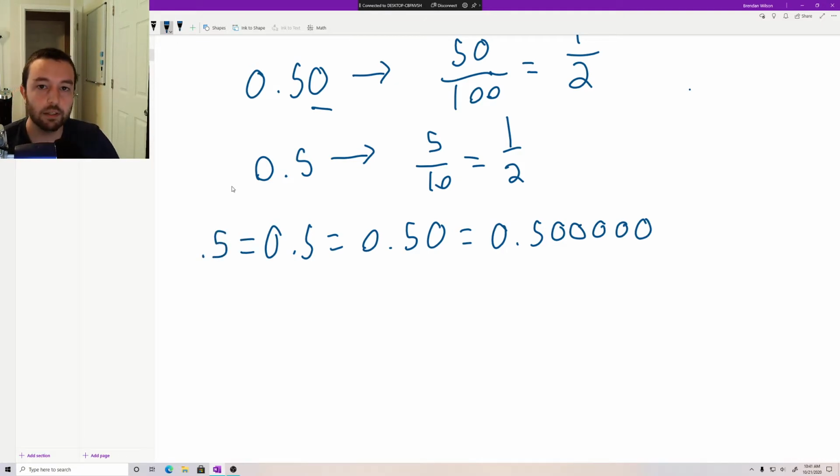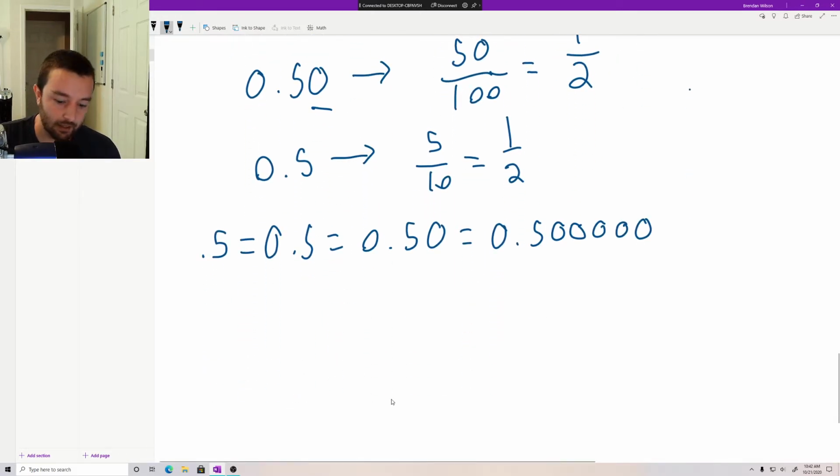I think it's better to write the 0 when we are handwriting it, especially because sometimes it can be difficult to tell if something is really a decimal or not, because it might just look like a random mark on the page if you do it quickly. So it's good to have that 0 there, just for clarity's sake, but it's not necessary. You can just write .5 or you can write 0.5 and it's the same thing. Okay.